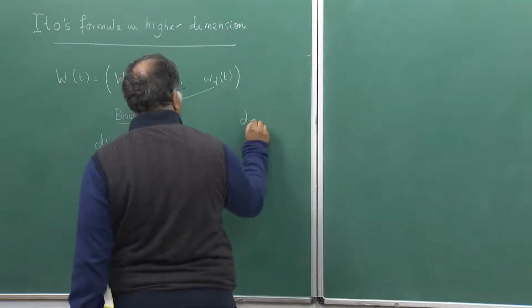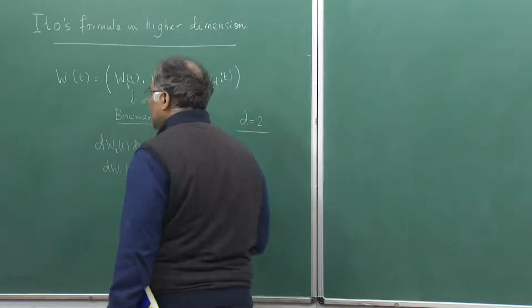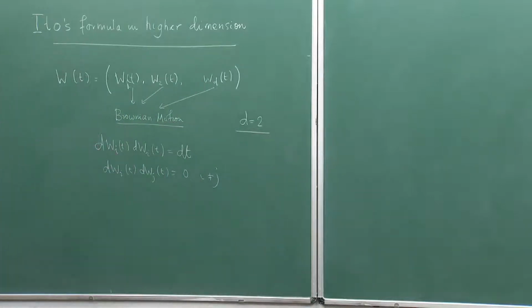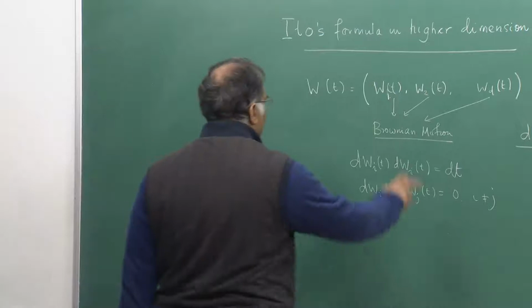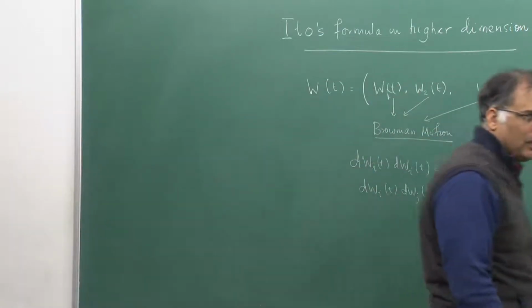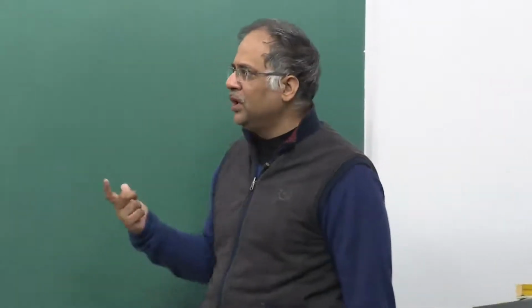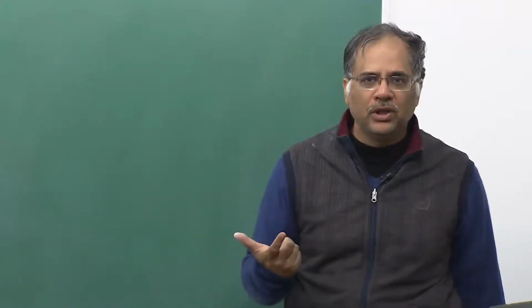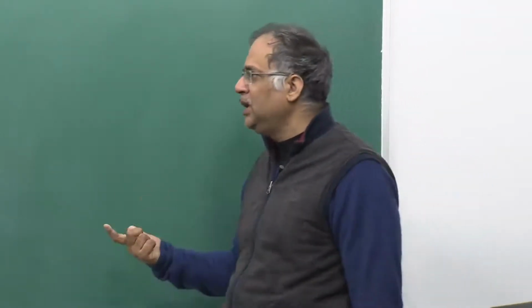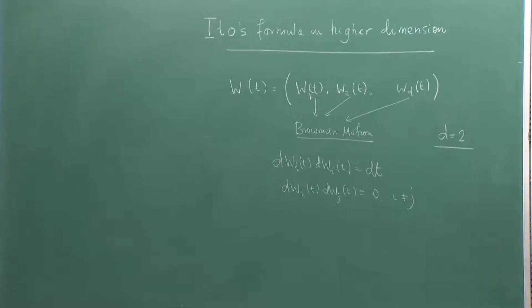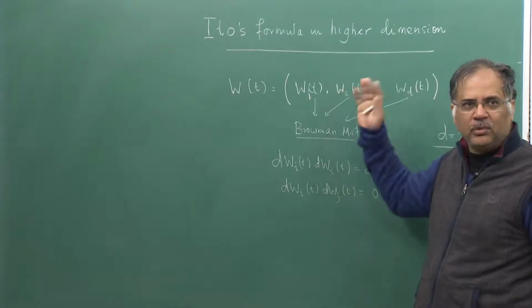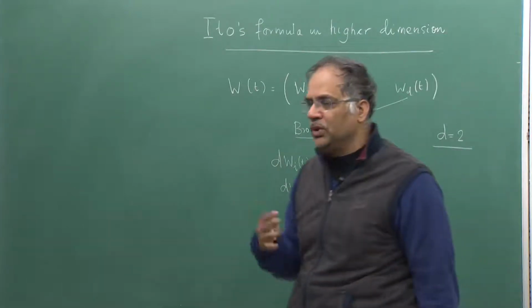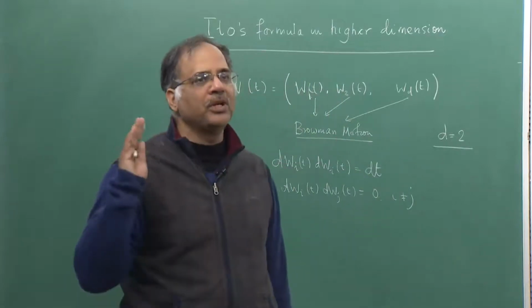We will just look at the scenario where d is equal to 2. So, basically we have two different Brownian motions, W1, W2. The Brownian motion, Wt, is not a unique thing. W1t and W2t are two different Brownian motions, only that they have to satisfy the properties of Brownian motion.